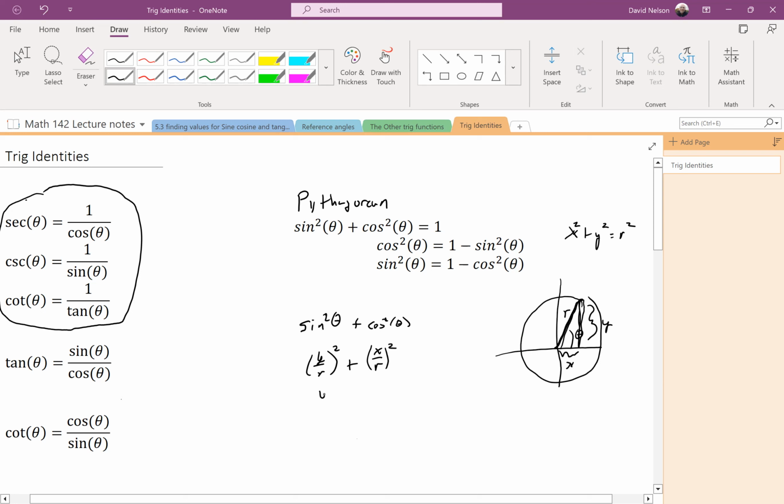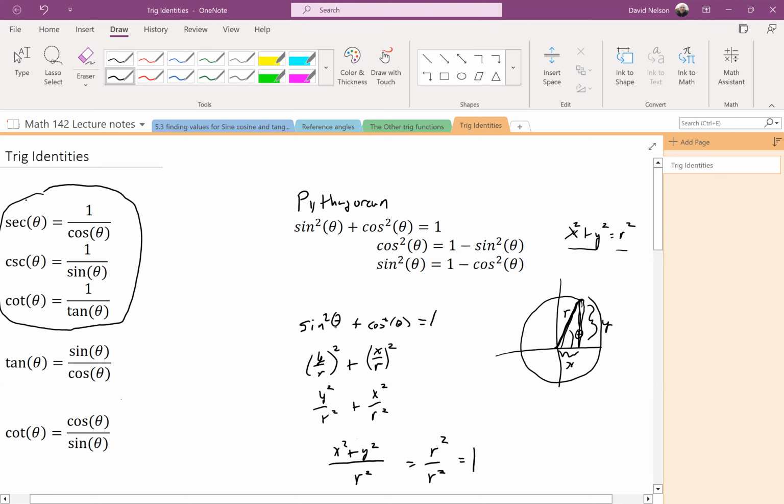And so I have y squared over r squared plus x squared over r squared, or I can write that, since the denominators are the same, as x squared plus y squared, all divided by r squared. But by the Pythagorean theorem, I know that x squared plus y squared equals r squared. So this is just r squared over r squared. And a number divided by the exact same number always works out to be 1.